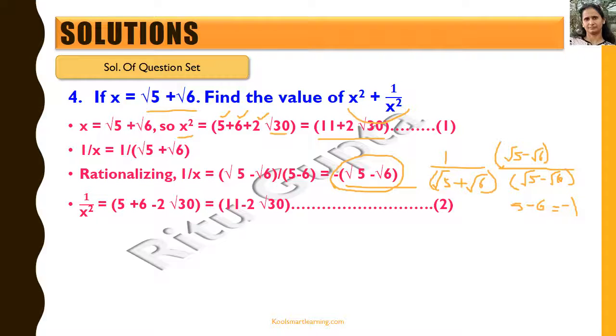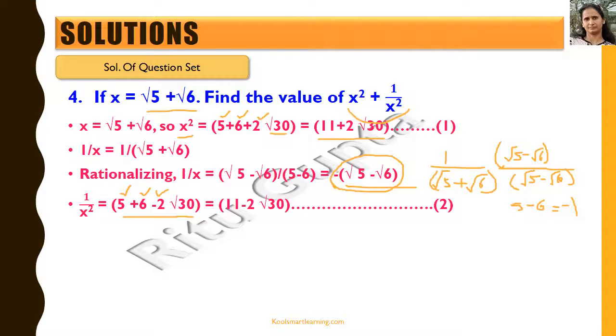So we calculate the value of 1 by x square, which again we use the identity a minus b whole square, so we get 5, and again this minus outside, when we take square of this anyways becomes plus, so we have 5 plus 6 minus 2 root 30, which is nothing but 11 minus 2 root 30.